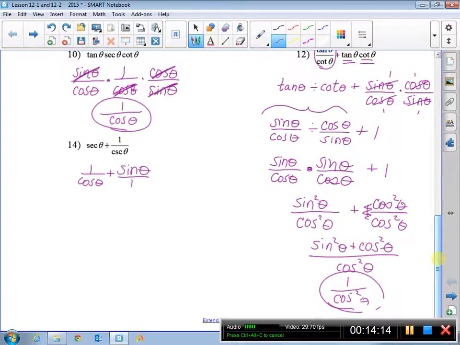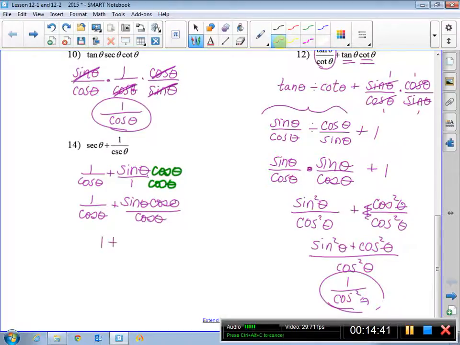Let's put it over 1. Now to add fractions, we need a common denominator. So I'm going to need cosine, top and bottom. And then, of course, we have 1 over cosine plus sine cos over cos.